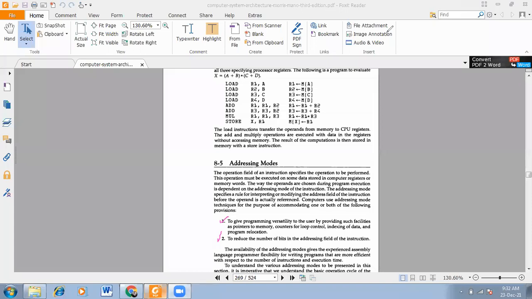That's why you are given facilities for pointing to the memory location, counters for loop control. You are counting the loops, how many times iteration has been done. Or program relocation for calling a subroutine. All these things can be controlled by means of addressing mode. So these are the purposes of using addressing mode.